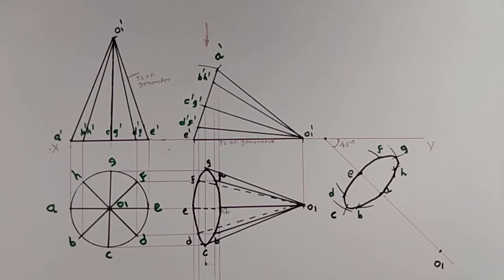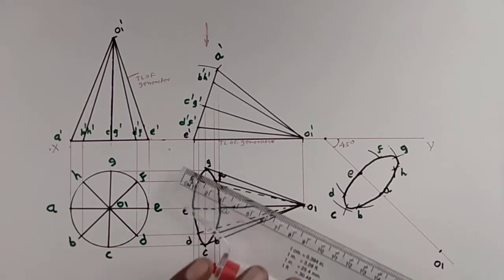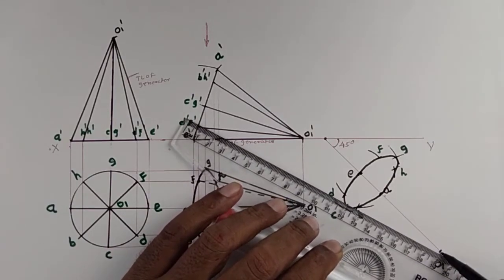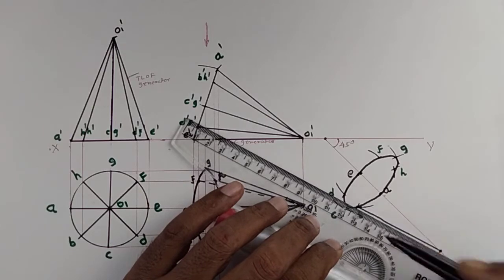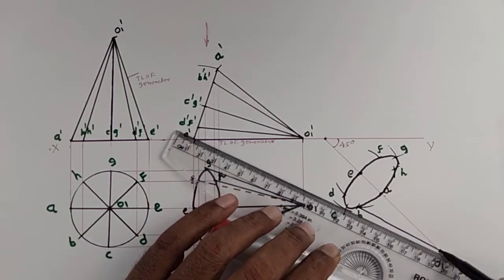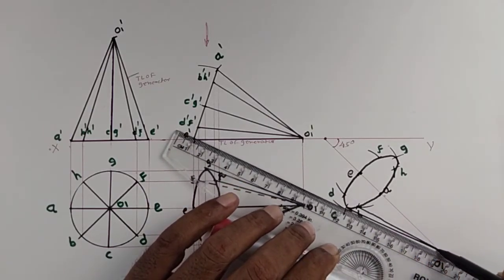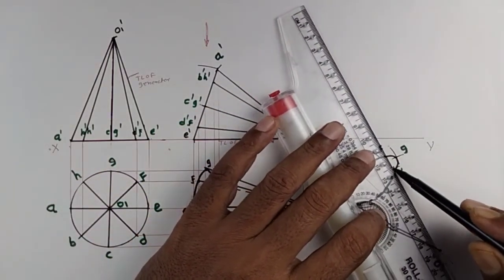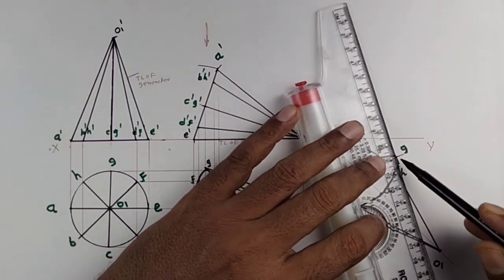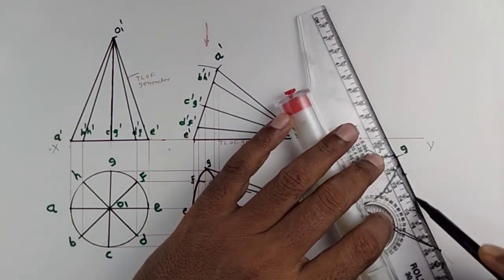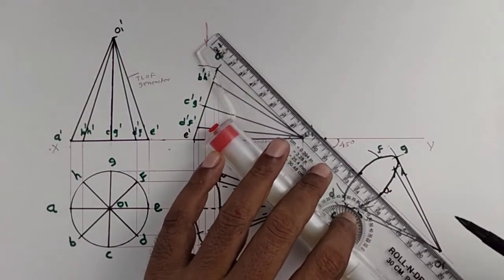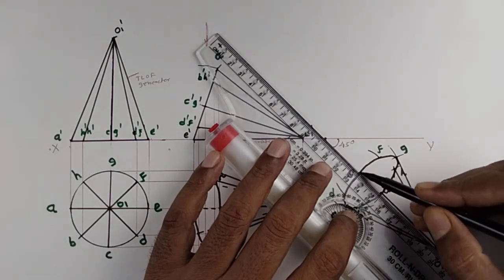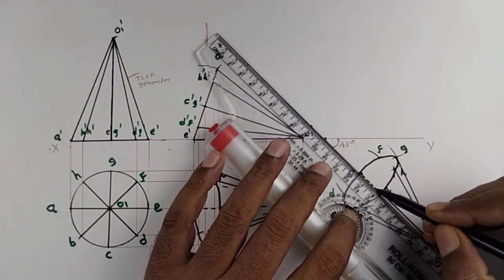And join all the generators. So first I draw the BO1, then CO1, similarly HO1, GO1, AO1 it is dark, EO1 it is dotted.